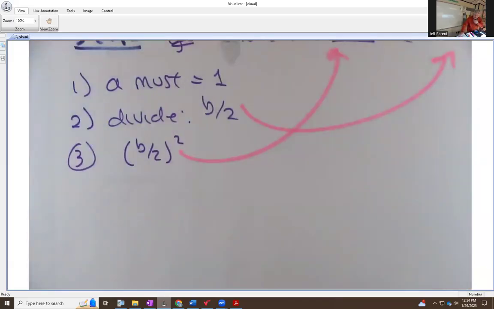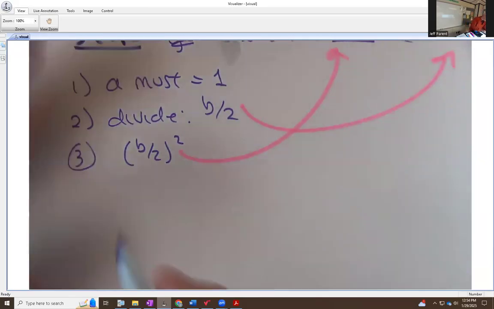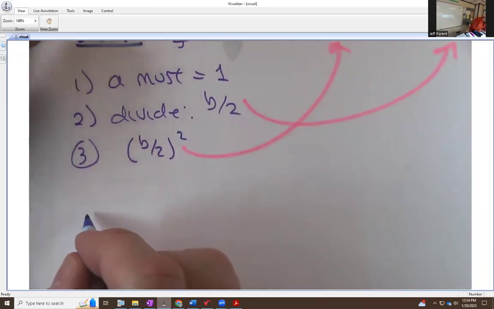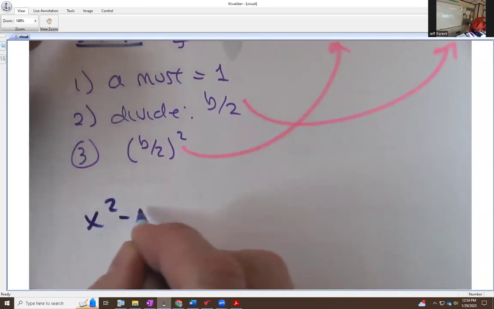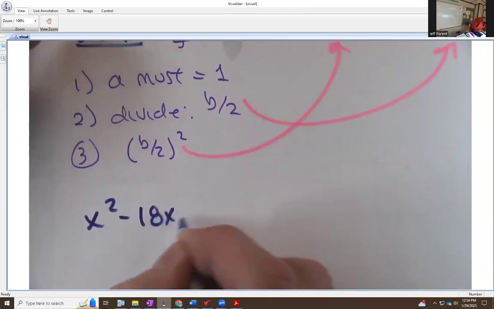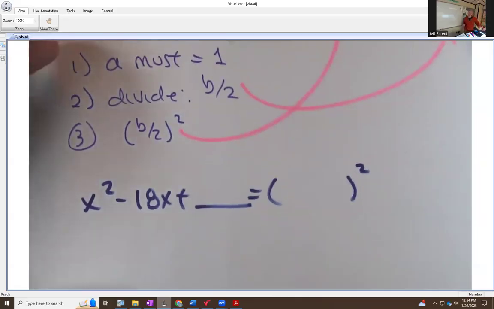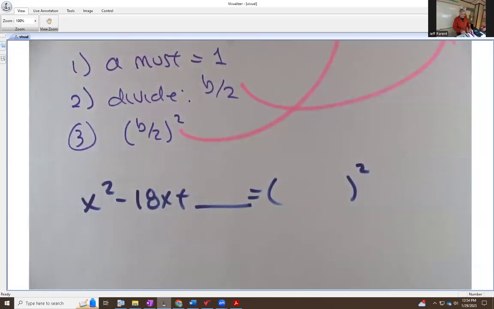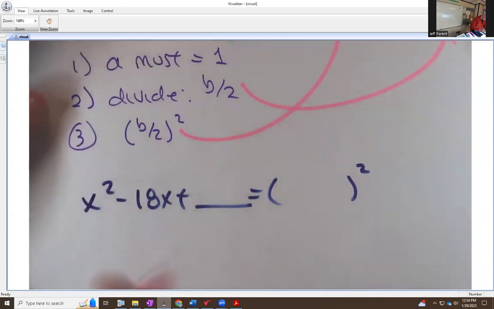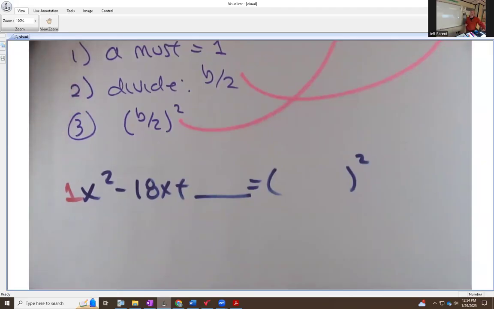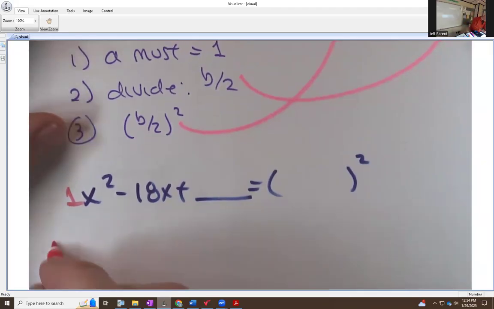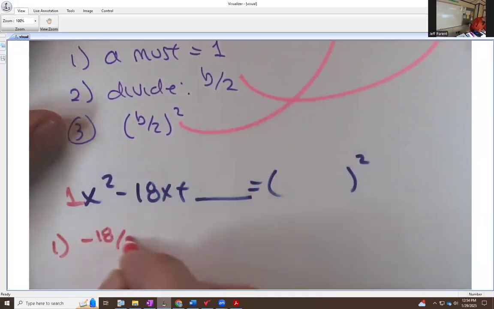A couple practice problems, and then we'll work on example D. Let's try x squared minus 18x plus something equals something squared. So this first one's going to be the easier of the two examples. You've got a coefficient of 1 here, so that's good. So our first step is going to divide negative 18 by 2.